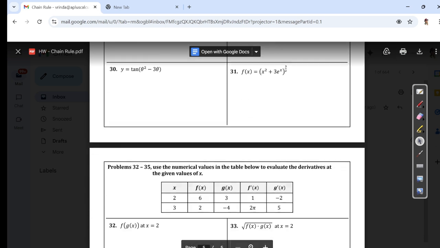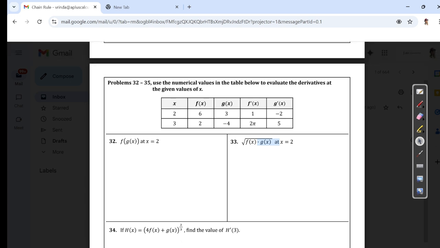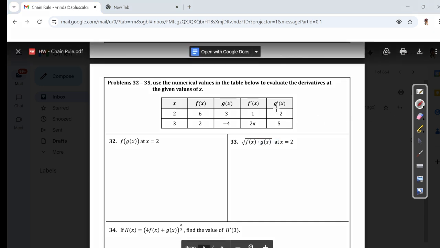Okay, let's do the last ones, 32 to 35. We have a table with x values and f of x, g of x, f prime of x, g prime of x. Anika, we have to find the derivative of f of g of x when x is equal to 2. No, first you use the chain rule.